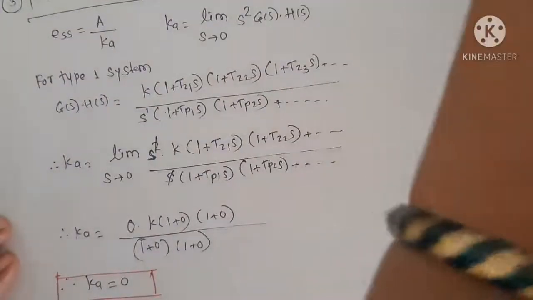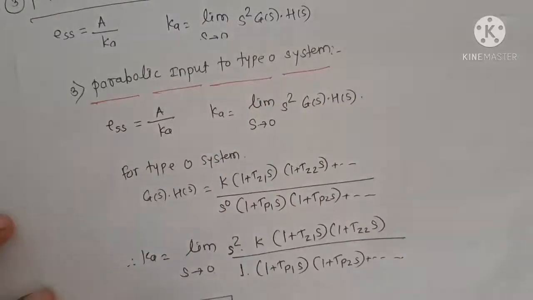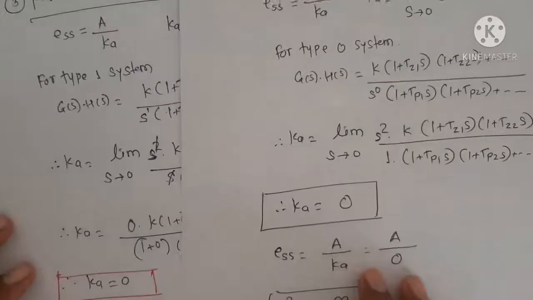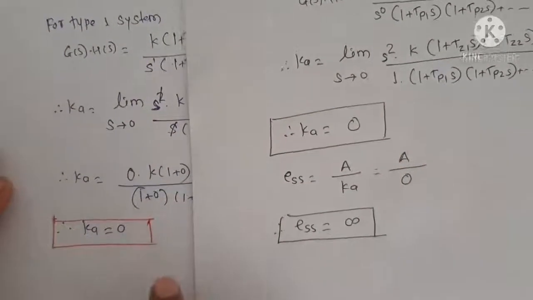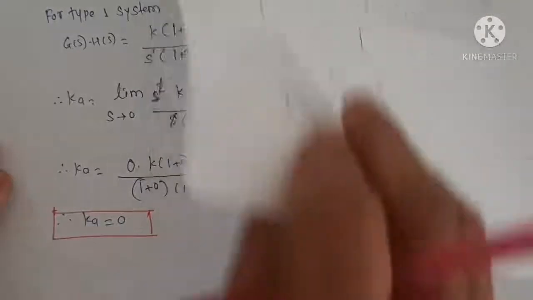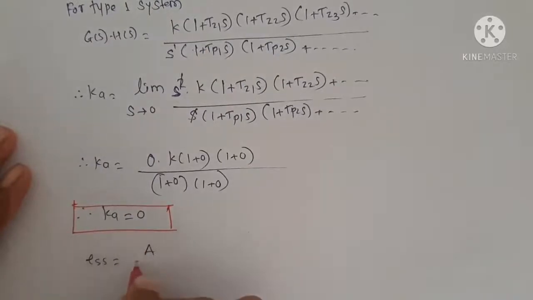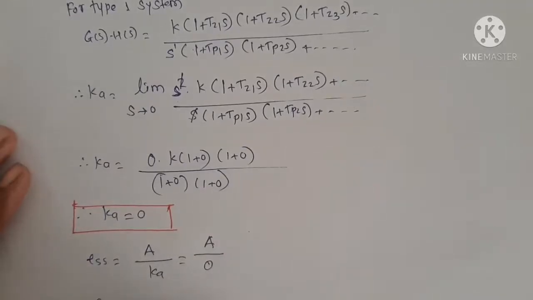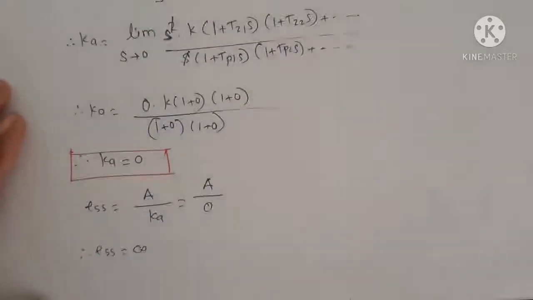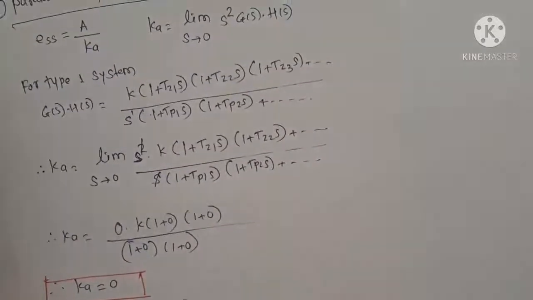In yesterday's lecture we have seen that for type 0 system Ka value was 0. So for parabolic input for type 0 and type 1 system both values are same, that is Ka is 0 in both types. So simply put Ka value in ESS, therefore ESS is equal to A upon Ka, so Ka is equal to 0, so as 0 comes to denominator it will become infinity. So ESS value is infinity for type 1 system for parabolic input.